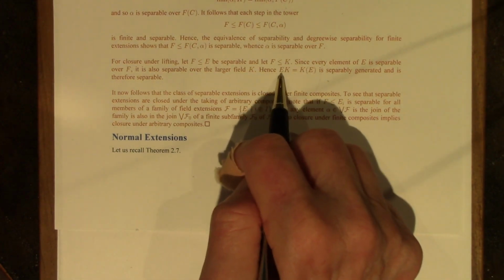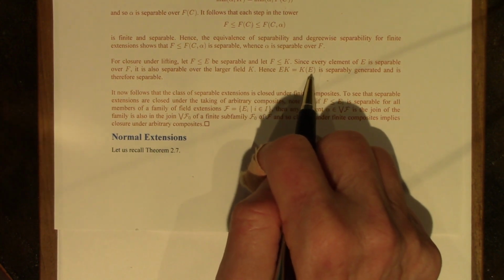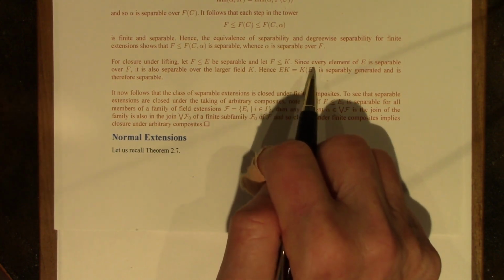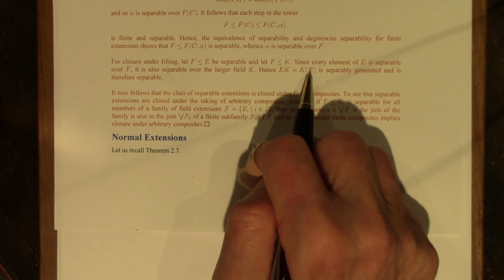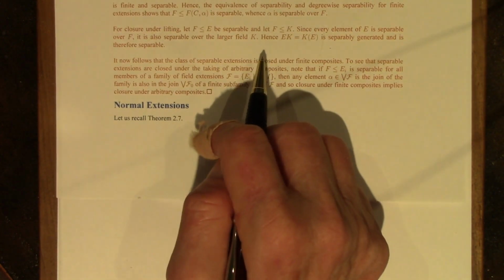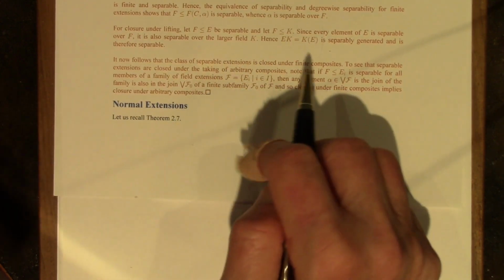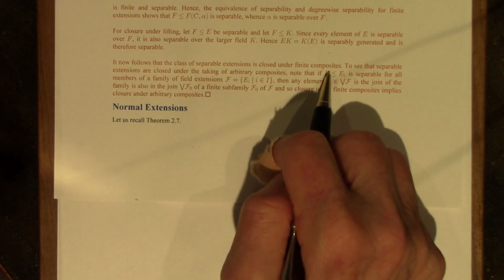And so the composite EK, which is also K with E adjoined, is separably generated by E, and therefore is separable. So these two, the tower property and the lifting property, tell us that the class of separable extensions is closed under finite composites.